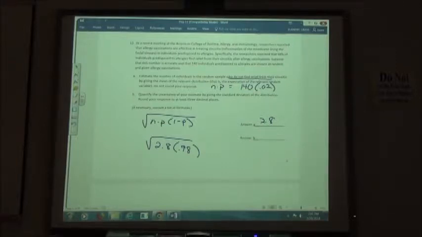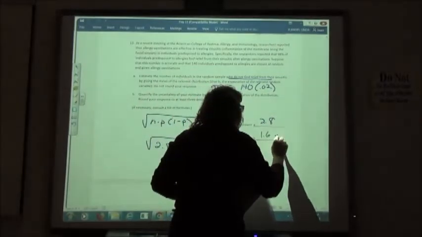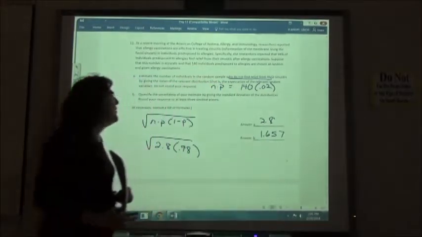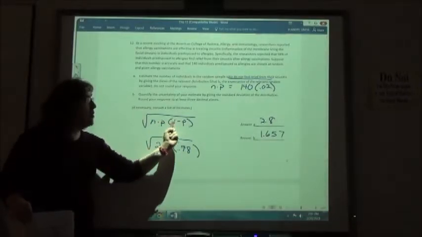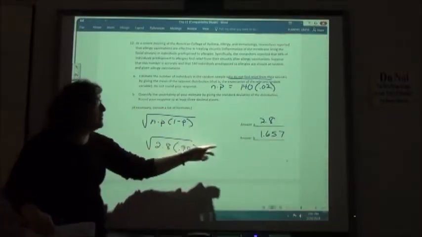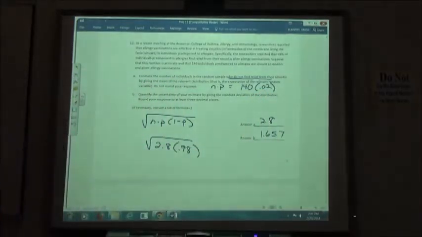That will be the square root of your answer. Second function square root, second function ANS. Is it 1.657? Yep. 1.657. So the p and the 1 minus p should always add up to 100%. If this is 2%, that's the 98%, 1 minus that 2%.